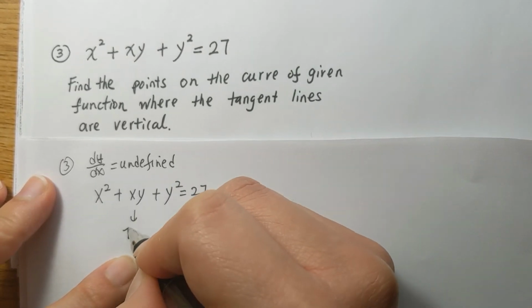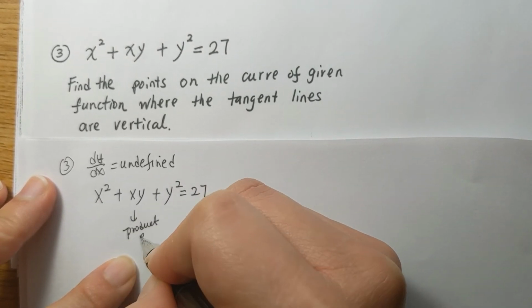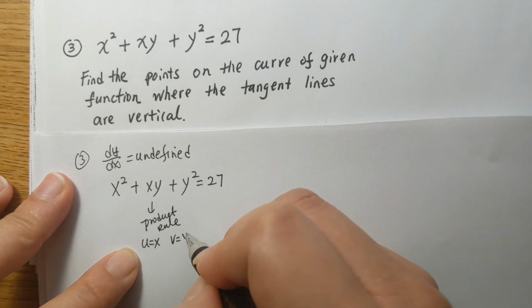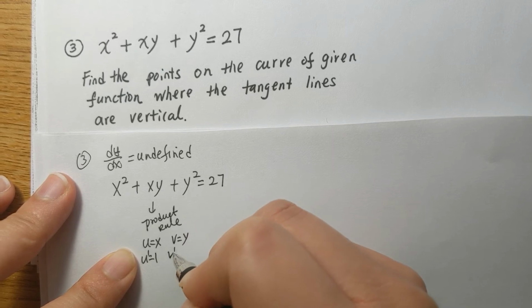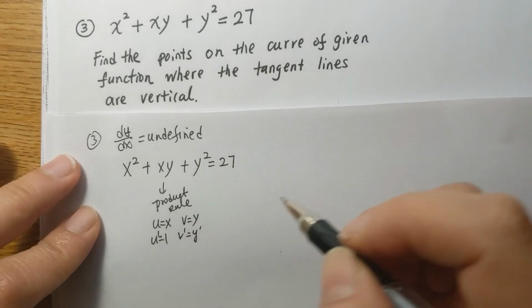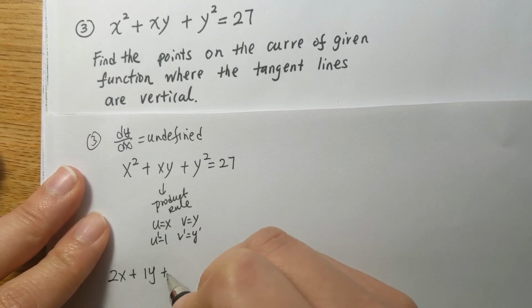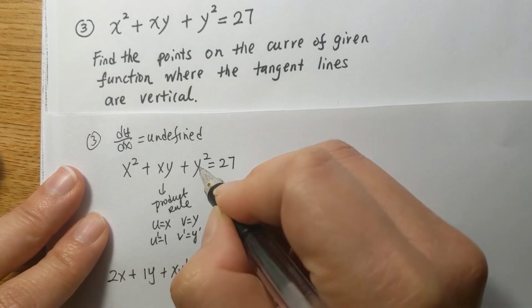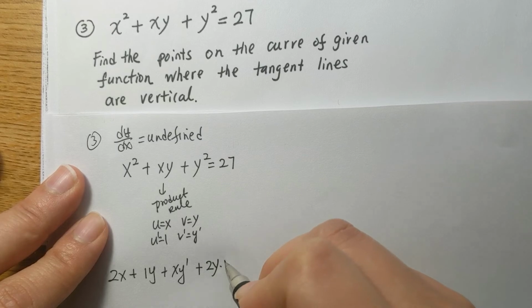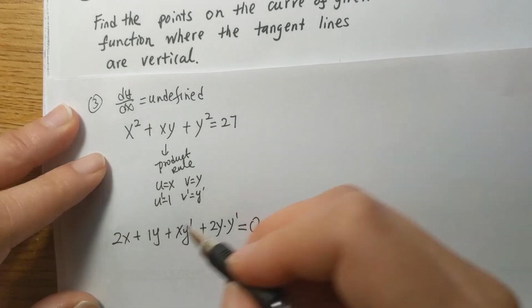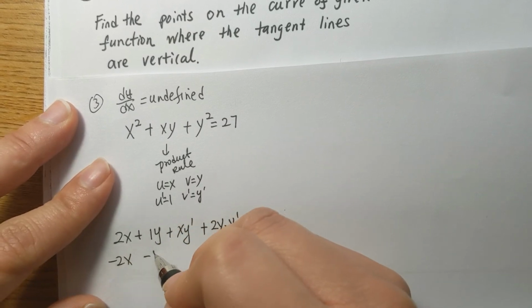Here we're going to use the product rule. So now we have 2x plus 1y plus xy prime, and the derivative of y squared will be 2y times y prime. The derivative of a number is 0. So I subtract 2x and y from both sides.